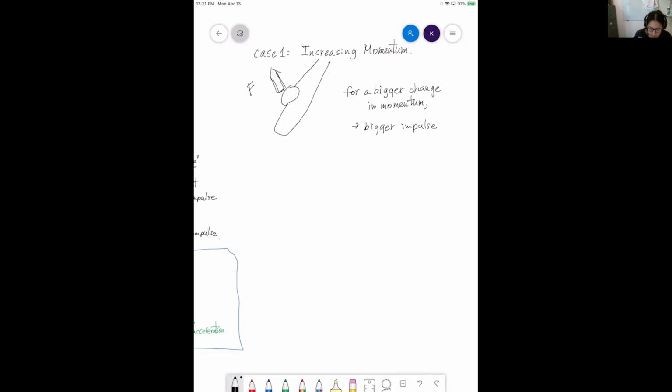So of course, impulse is force times time, so you want to have a large force applied. You want to hit it as hard as you can, but not just that. You also want to have a contact time as long as possible. This one as big as possible.